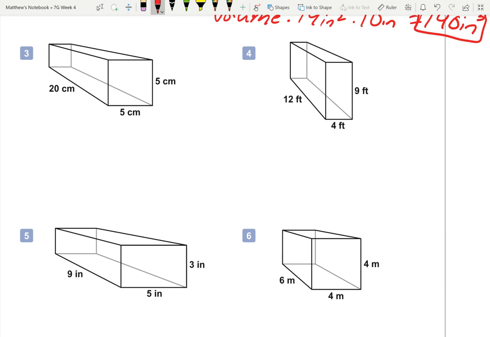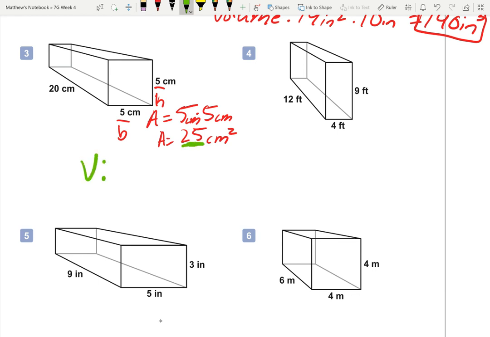All right, we're back here. So we got our base times our height, 5 times 5, to give us our area of 25 centimeters squared. So now we're going to take this area and we're going to use it to figure out the volume.